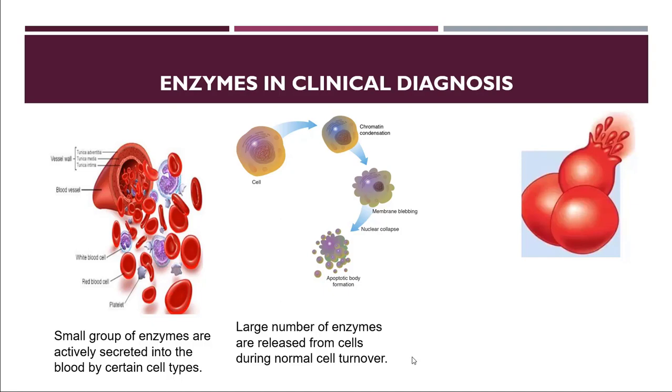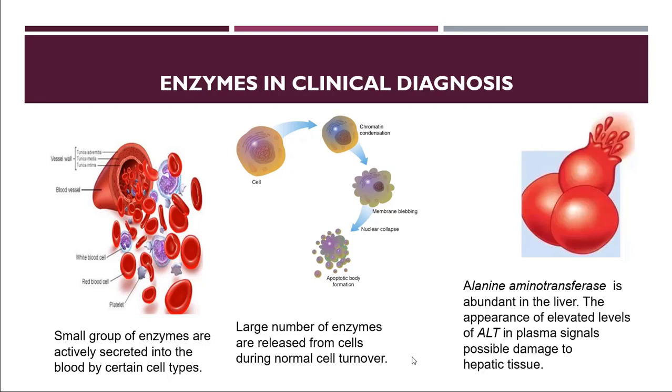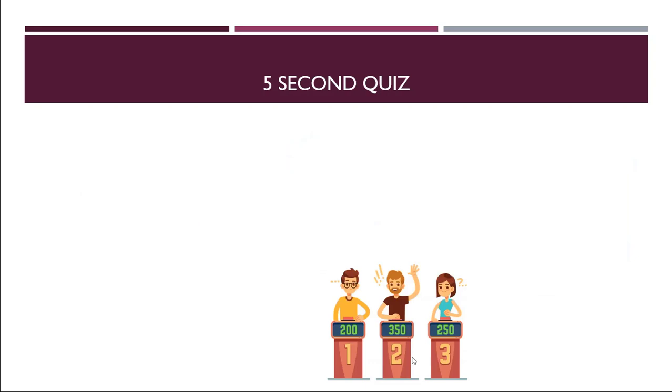And if you have a specific enzyme that works in a specific organ, like alanine aminotransferase, which is present abundantly in the liver, then its presence in your plasma signals that something is wrong with your hepatic tissue, or there's damage in the hepatic tissue. Sounds good? Okay, so that's the overall thing for enzymes.